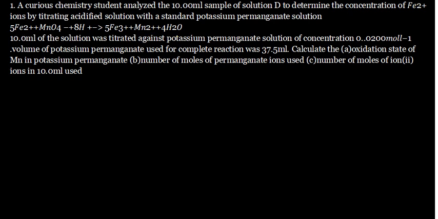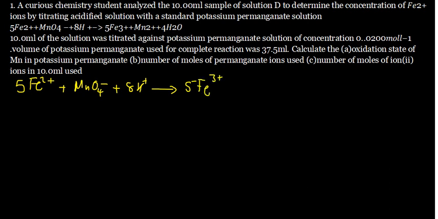So the balanced reaction we have is 5 iron 2 plus plus a manganate ion and then plus 8 hydrogen ions. This one they've already given us a balanced redox reaction. So for a redox titration, make sure that the redox reaction is balanced. Plus manganese 2 plus and then plus 4 water molecules.